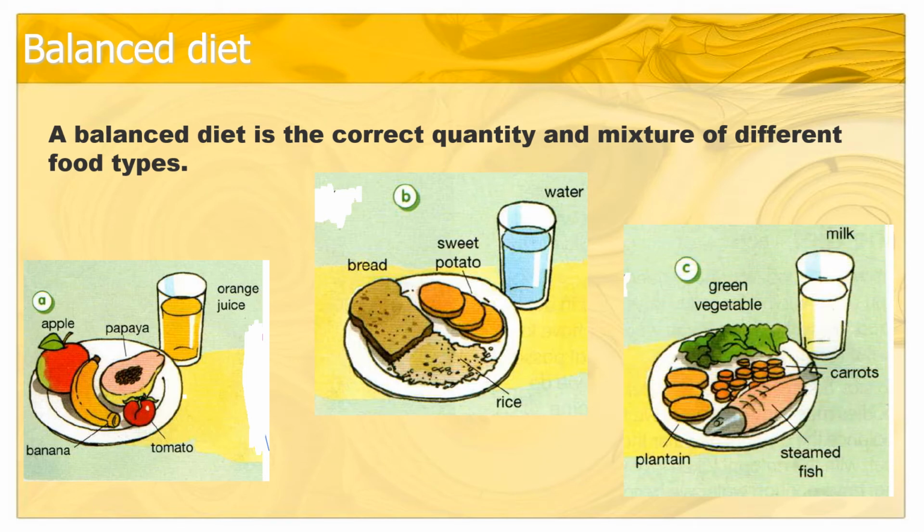This plate shows us that we are eating plantain. Plantain is a kind of banana, which is a source of carbohydrates. And it is mixed with fish, carrots, green vegetables, and milk for the drink. Do you think that this is a balanced meal? Hooray, that's right, of course it is.